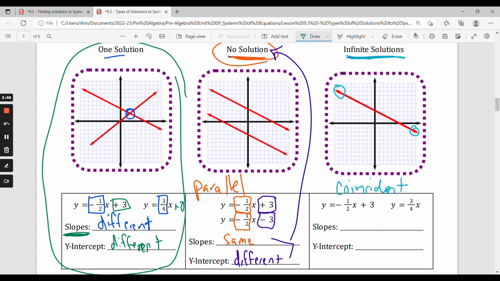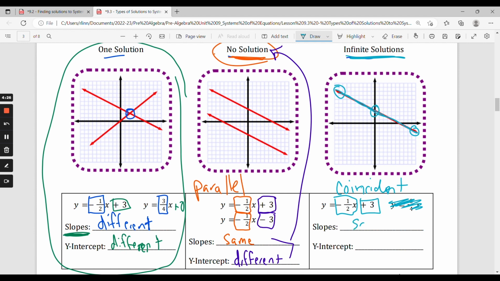So let's look at what the equations for those two lines are. We do not have that right on this paper here, but the slope of those two equations should be exactly the same. We should have y equals -1/2, so the two lines are going to be right on top of each other. +3, they're both going to cross over the y-axis at the same point.